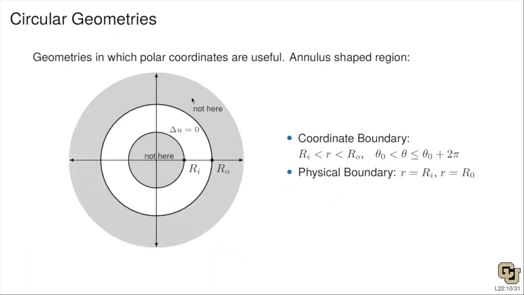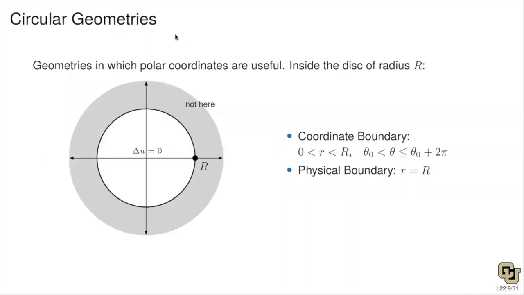So here's an annulus. Actually, let me go back here. One thing I wanted to mention is an issue: yes, we have a prescribed temperature on the edge, but this region includes r equals 0. Let me remind you of your polar coordinates. Think of r like the word ray, a ray emanating from the center.